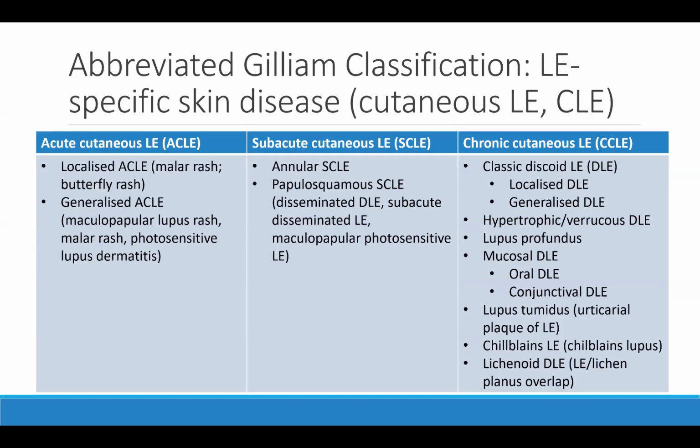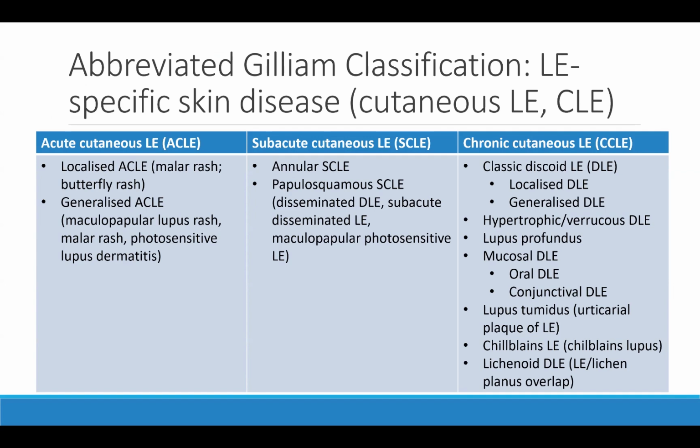When we think about lupus, we need to refer to the abbreviated Gilliam classification. In this classification, cutaneous manifestations can be divided into 2: LE-specific skin disease, namely cutaneous LE or CLE, as well as non-specific skin disease.